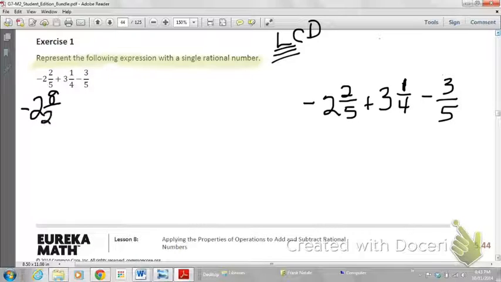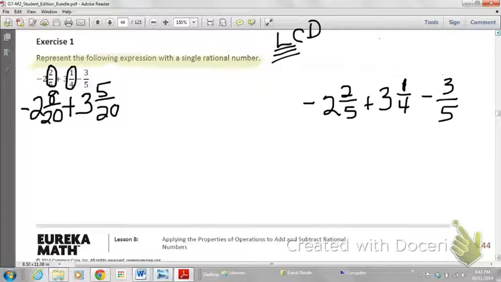What I've done is I have now converted the 2/5 into 8/20, and again, something you really do need to know how to do. Keeping my addition sign there, we're going to plus, and then this is going to be 3 and 5/20, because 1/4 is the same as 5/20. They're equivalent, just like 2/5 is equivalent to 8/20.